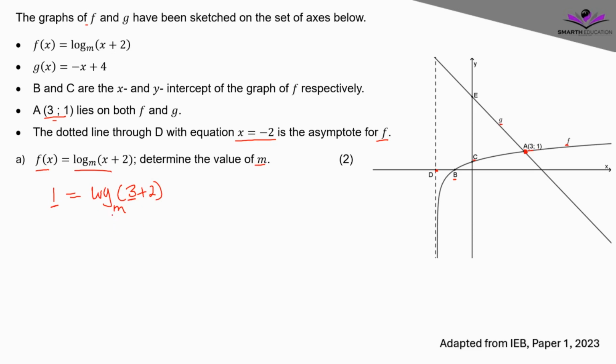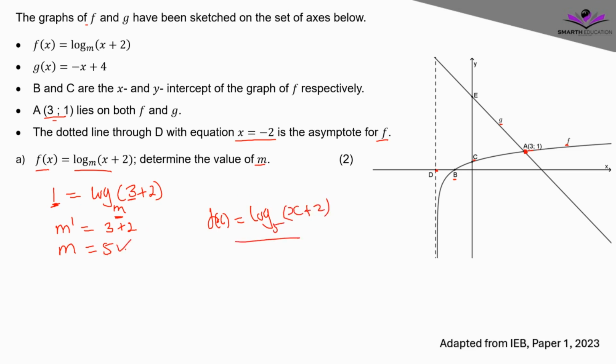We change this from logarithmic form to exponential form. This is our base, remember, then this is the exponent. So meaning that m to the power 1 is equal to 3 + 2. m is equal to 5, meaning that the equation of f(x) is log(x + 2) to base 5.